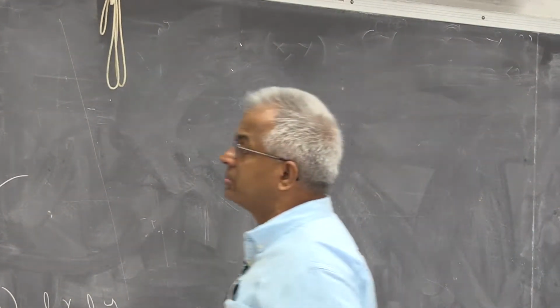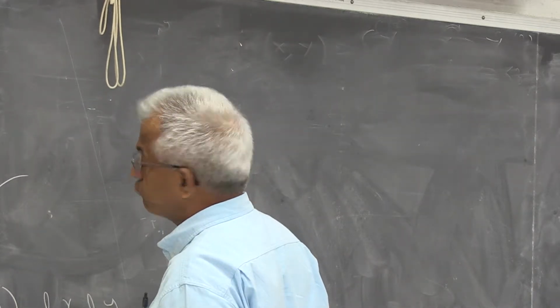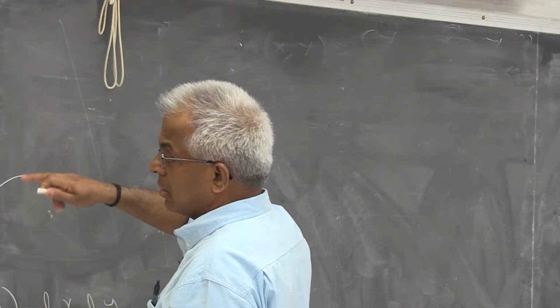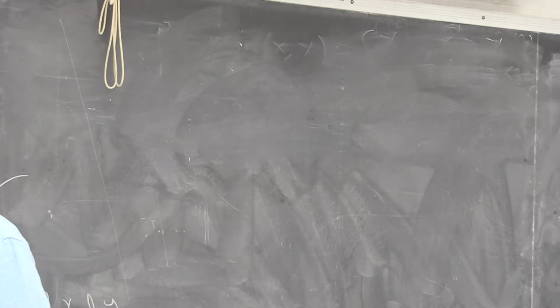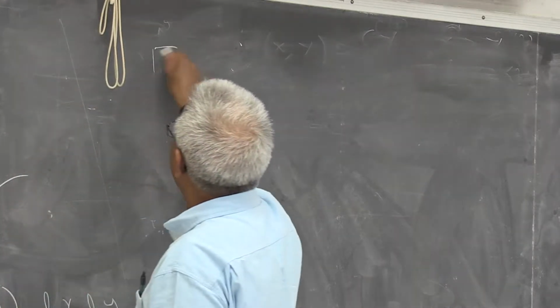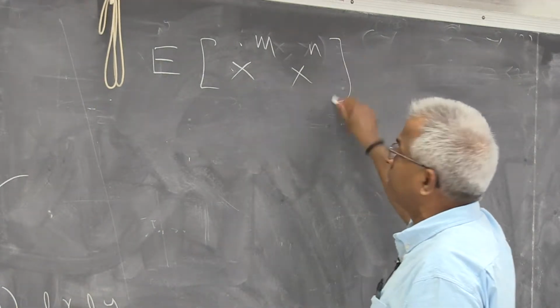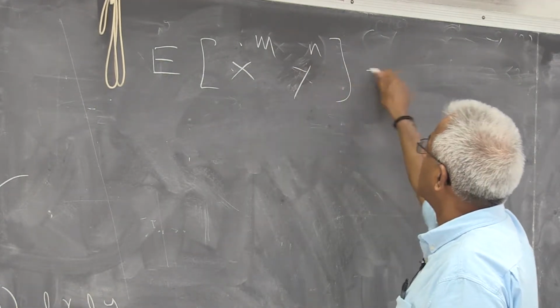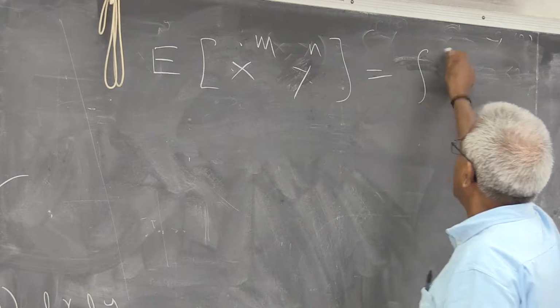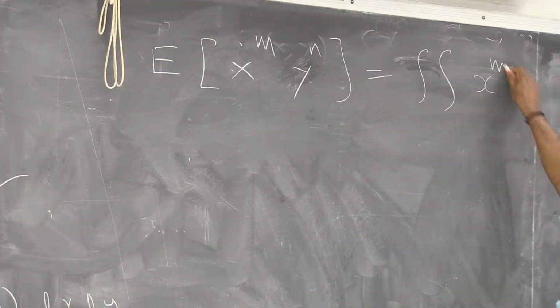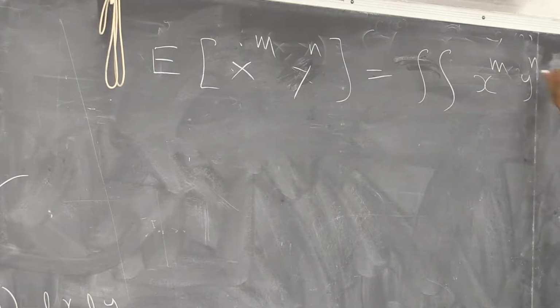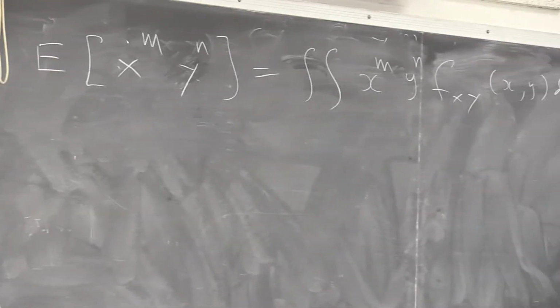You can take any function of x and y, as before we could define the generalized moments, for example. This is going to be the double integral of x^m y^n f_xy(x,y) dx dy.